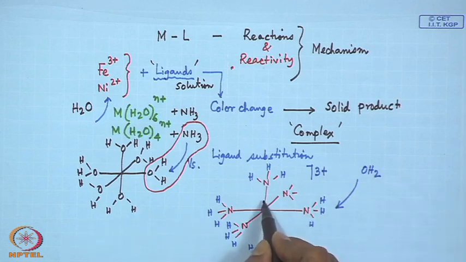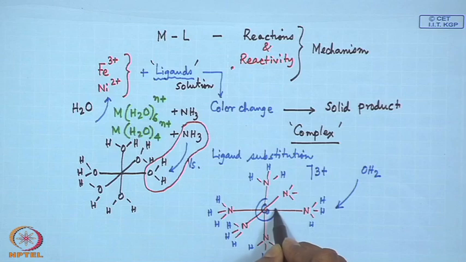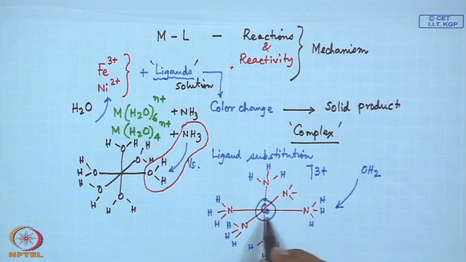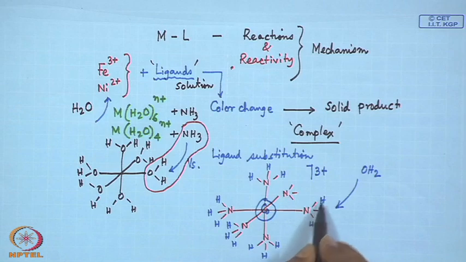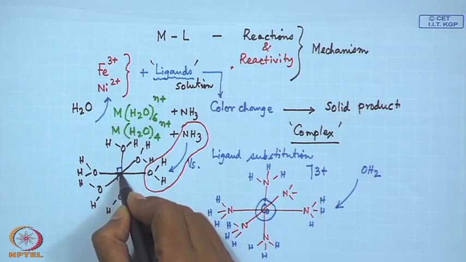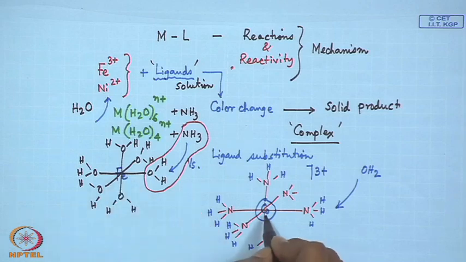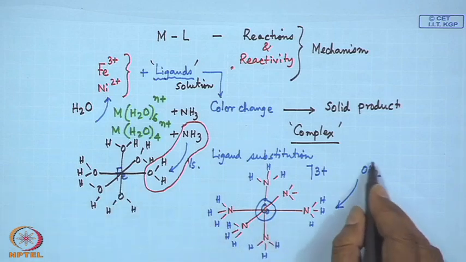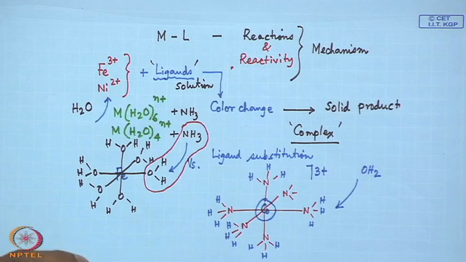That also depends on the nature of the central metal ion and how strong this particular bond is, and its corresponding heat of reaction or enthalpy of formation for this cobalt-nitrogen bond, where the nitrogen belongs to the ammonia molecule, because we were talking about, say, iron or nickel, but in this particular case it is cobalt. So, whether water can replace these ammonia molecules, that we can check.